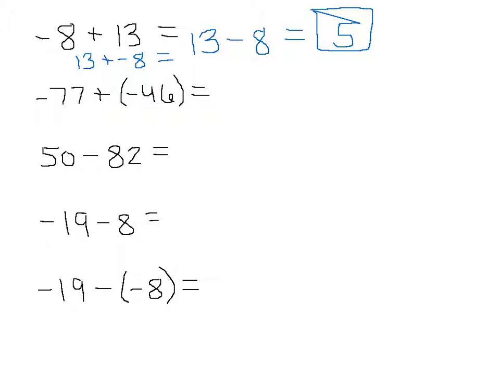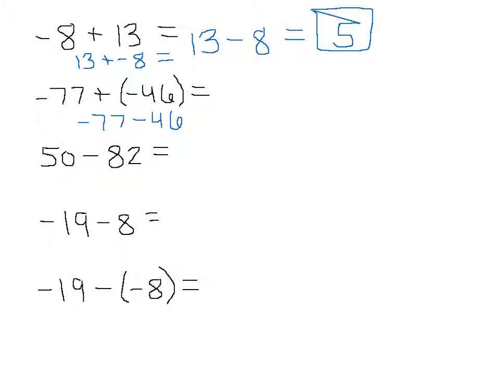For the next one, I'm actually going to have to use a calculator for this one. So we have -77 plus -46. Well, remember in the previous example, I said plus negative is the same thing as subtracting. -77 minus 46. You could plug that into your calculator, but there are some calculators that don't have a negative.